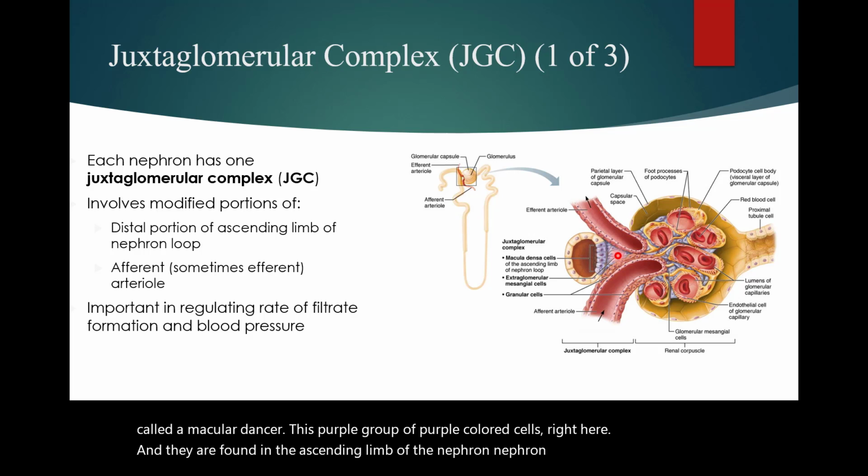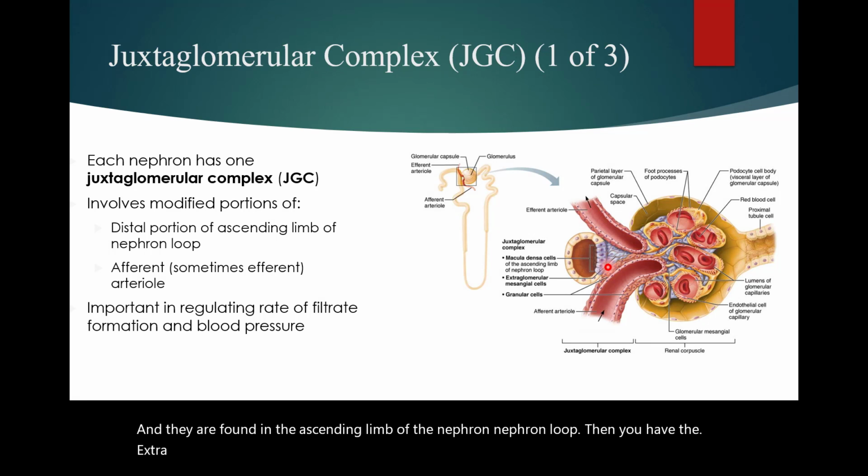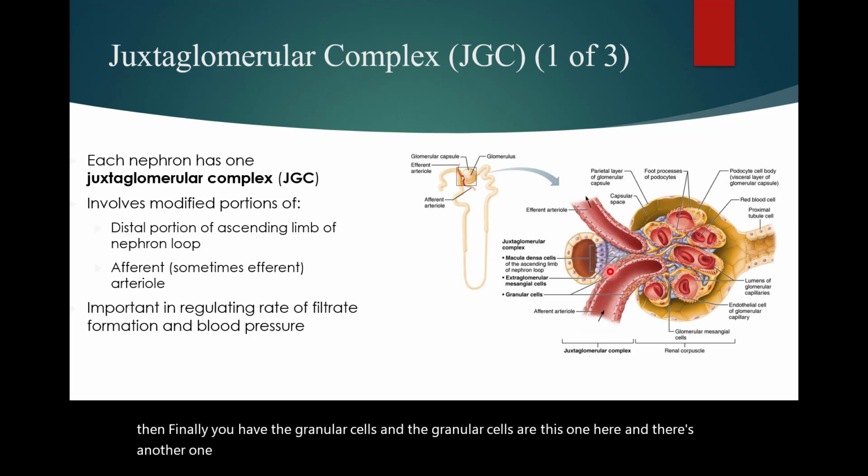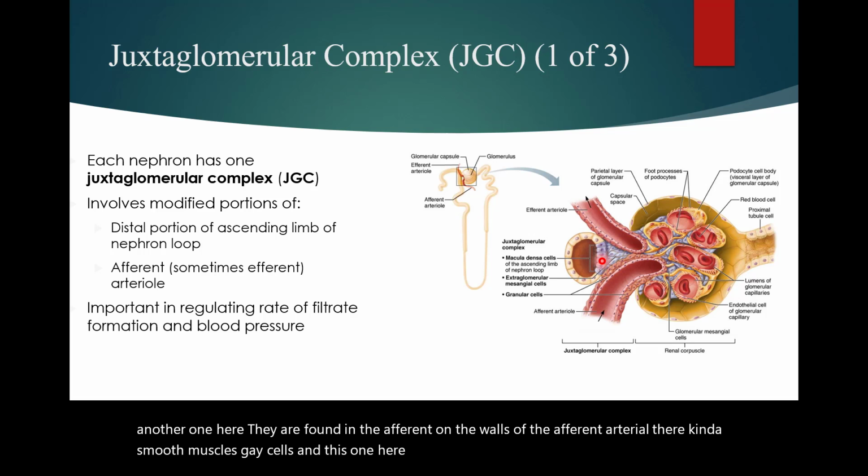Then you have the extraglomerular mesangial cells, a triangular mass of cells right here. And then finally you have the granular cells, this one here and another one here. They are found on the walls of the afferent arteriole. They're kind of like smooth muscle cells. And this one here are tubular cells.